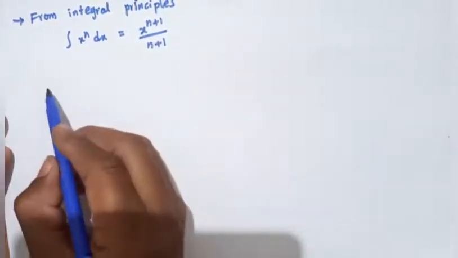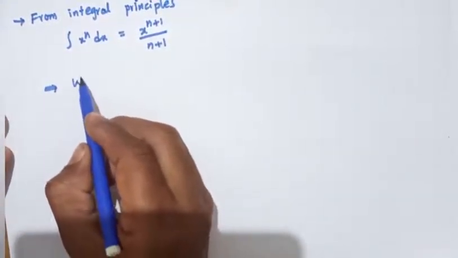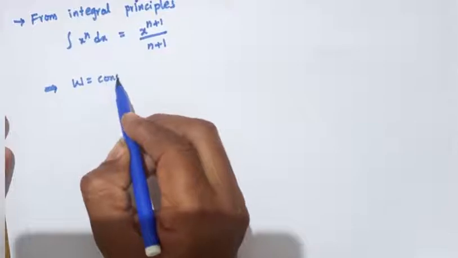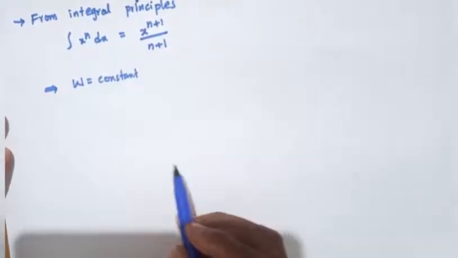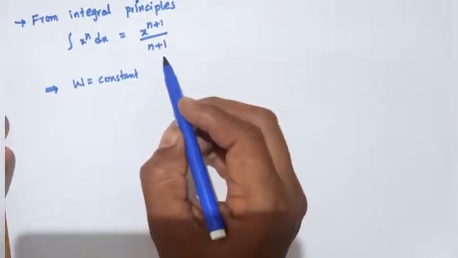Like that, equation number 5 is written as W equals constant into the integration of V to the power of minus gamma.